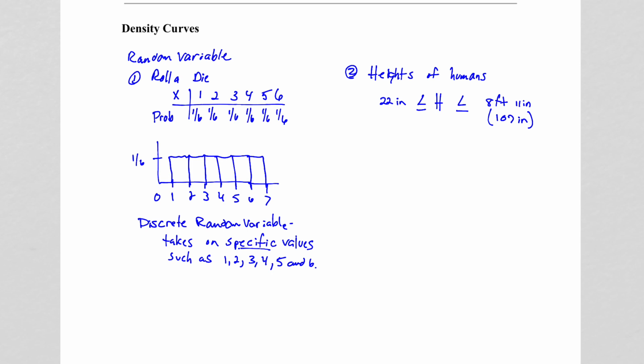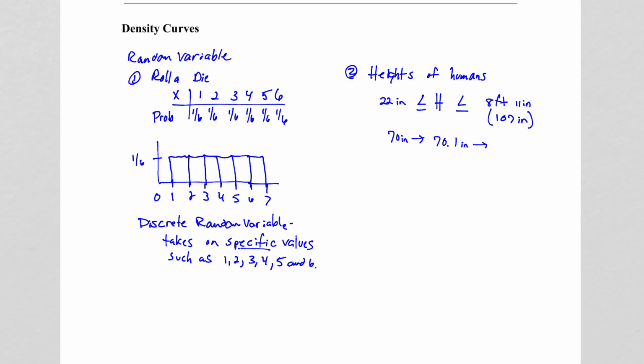Now, there's no way that we could list all of the heights out, because not only is this a wide range from 22 to 107, but you could also have heights of, say, my height is 5'10", so 70 inches. But if we had very precise tools, maybe my height is actually 70.1 inches.